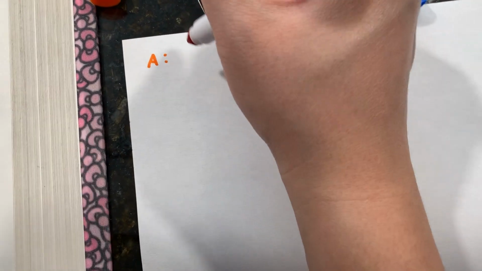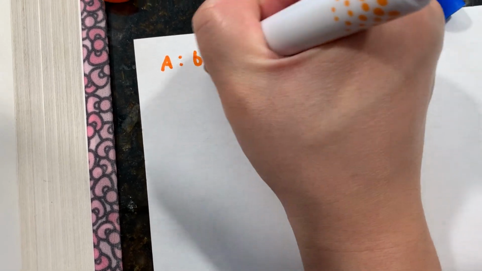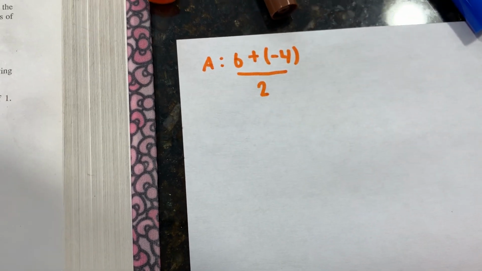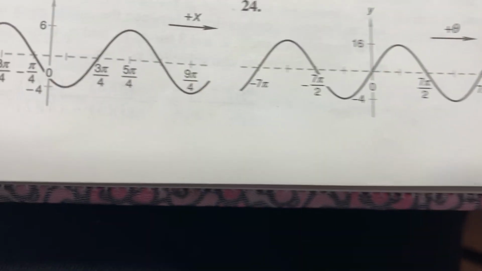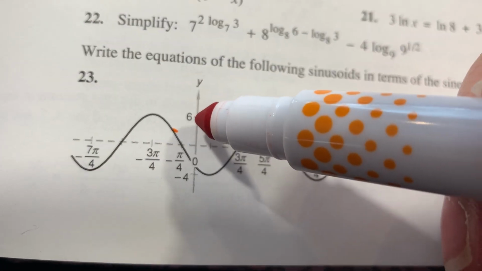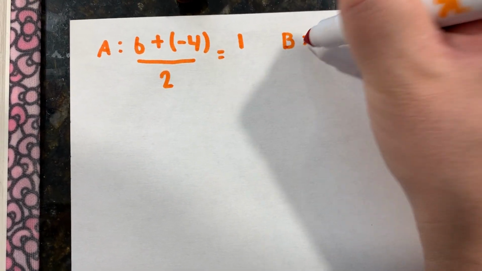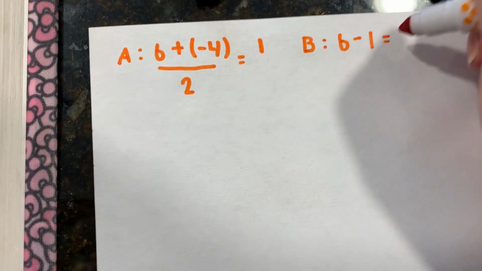So for a, I'm going to do 6 plus -4 divided by 2. Now 6 plus -4 is actually 2, divided by 2 is 1. Now b is the distance between this 6 and this middle line. So b is actually the difference between the top, which is 6, and the middle line, which is 1.